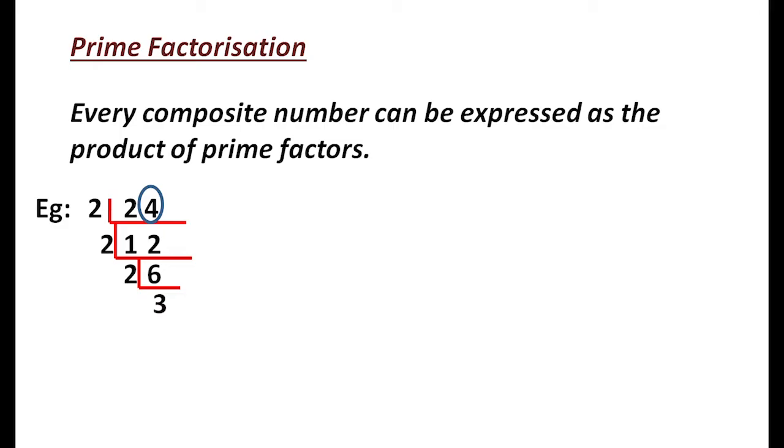So 24 can be written as 2 into 2 into 2 into 3. It is the prime factorization of 24. Here all the numbers are prime numbers. 2 and 3 only. 2 and 3 are prime numbers and 24 can be written as 2 into 2 into 2 into 3.